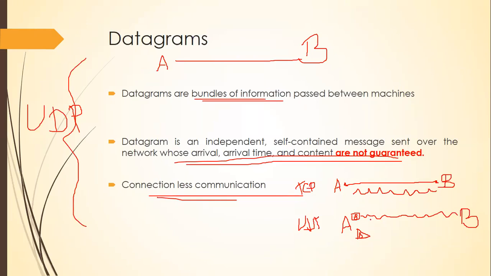In the packet itself, A is telling you have to go to B. And then this particular packet travels and reaches B. This square was sent first. Triangle was sent second. But sometimes, when it reaches the other end, triangle will reach first and this square will reach second. So these are the main differences between TCP and UDP.